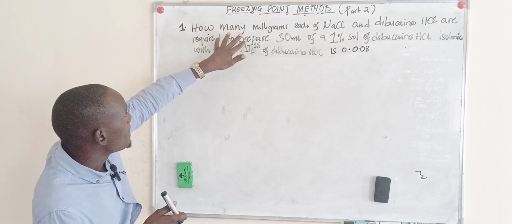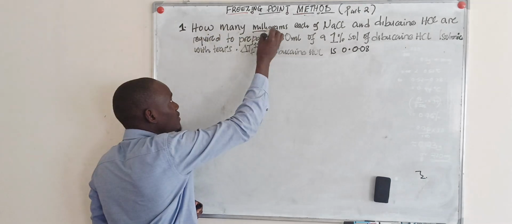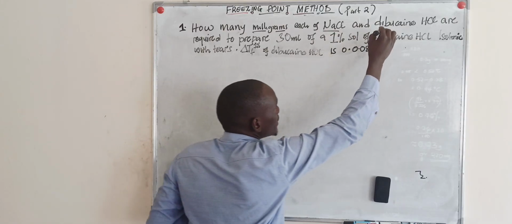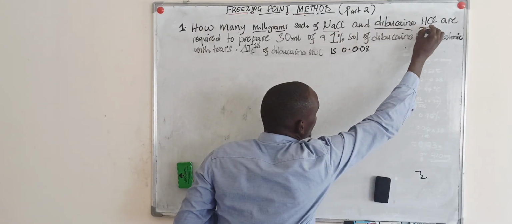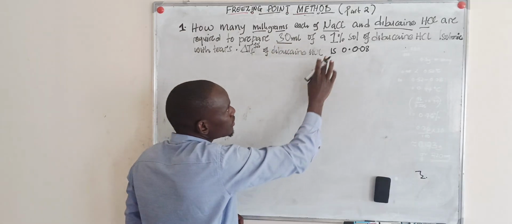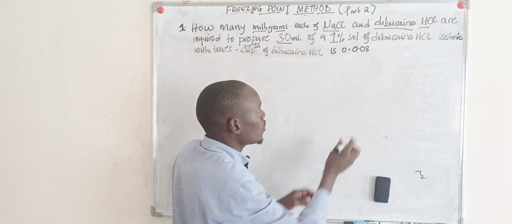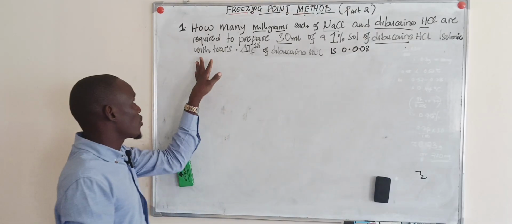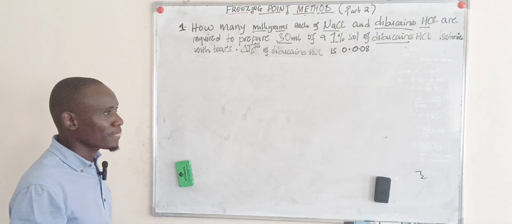How many milligrams each of sodium chloride and butyl hydrochloride are required to prepare a certain volume of a 1% solution of butyl hydrochloride isotonic with tears?